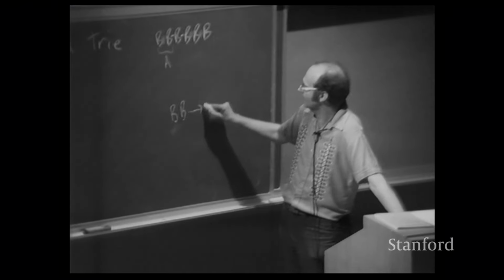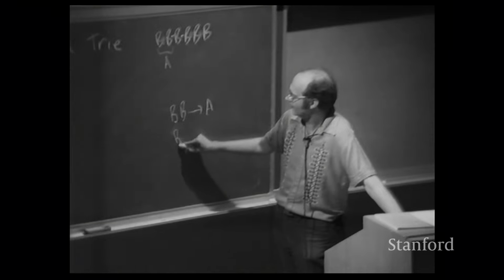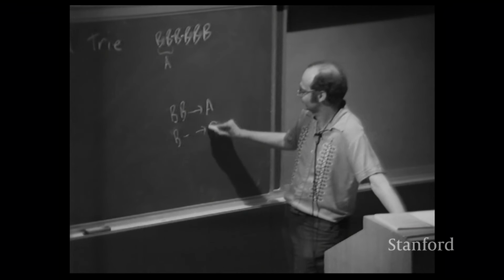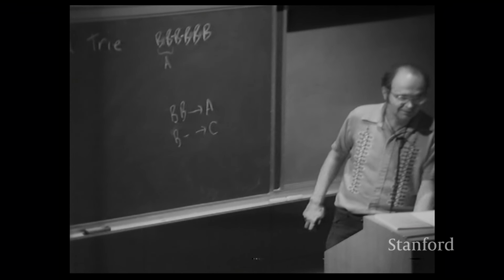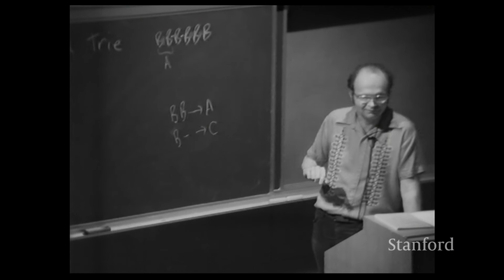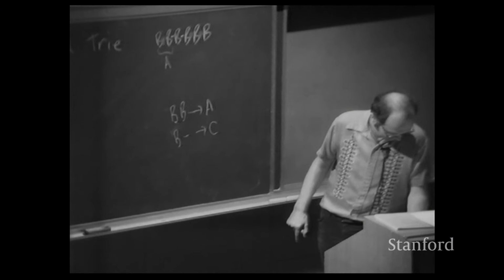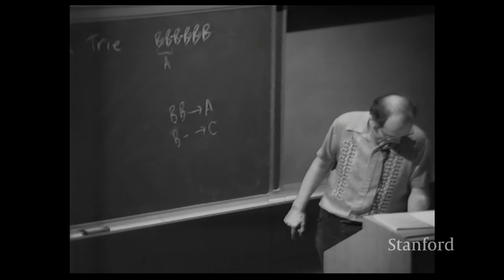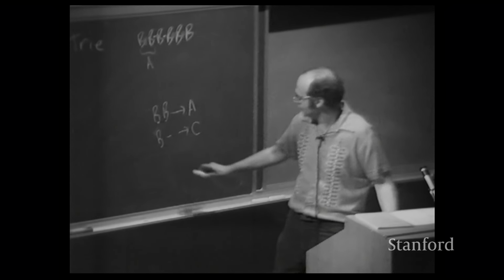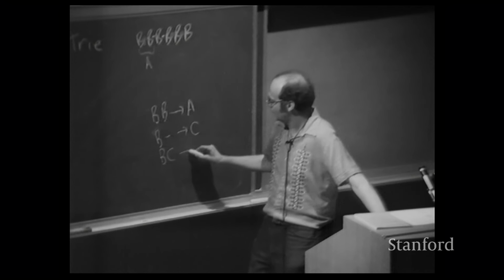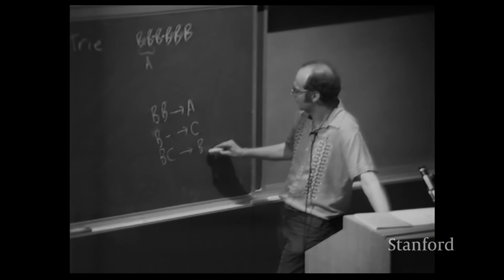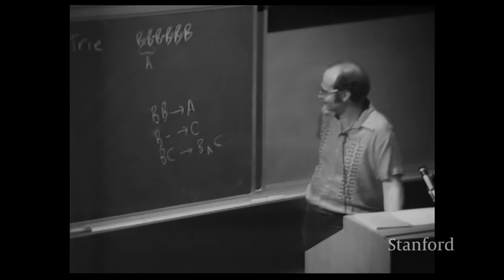BB goes into A. When a B is followed by a hyphen, it goes into a C. You realize that ligatures can also involve hyphens, and so when we're doing our discretionaries, that would also have to take account of that. And B followed by a C gets kerning. It goes into B kern C.